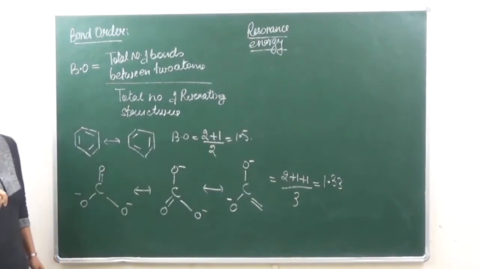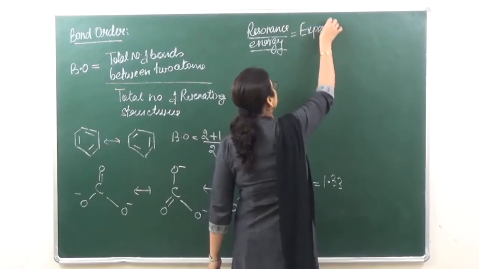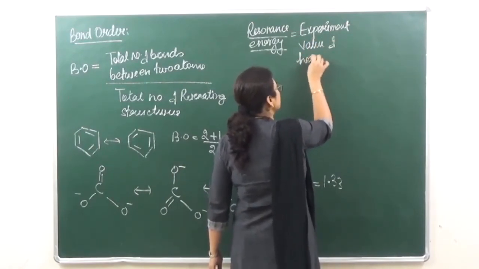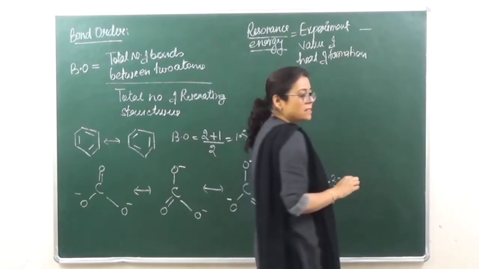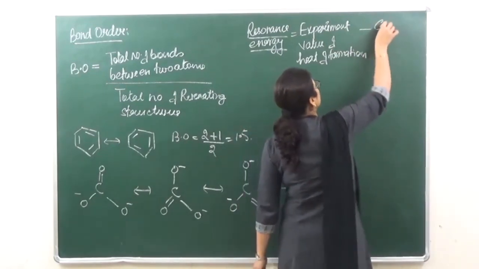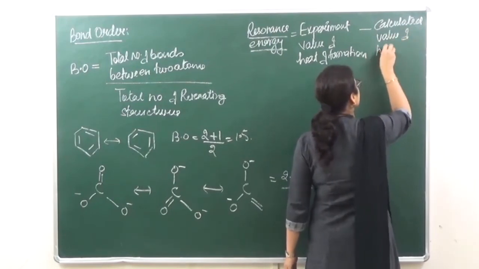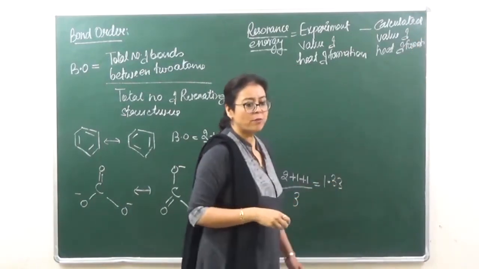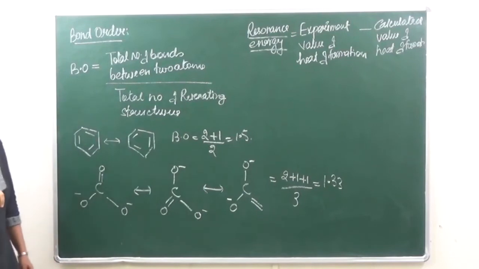Resonance energy is equal to experimental value of heat of formation minus calculated value of heat of formation of the most stable resonating structure. ठीक है, so we are going to take the difference between the two.